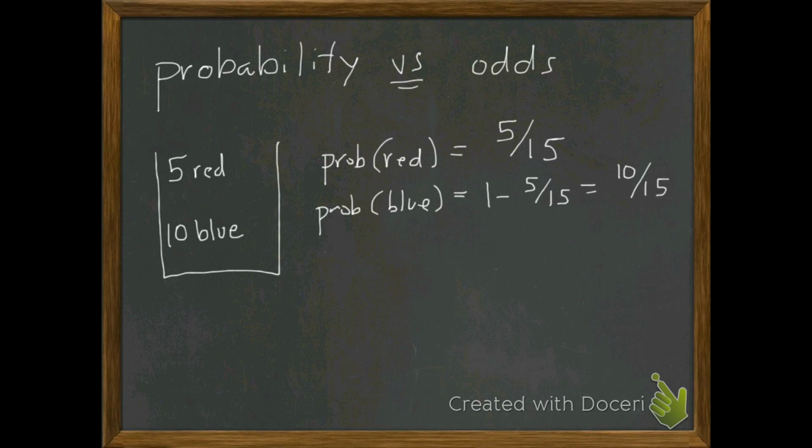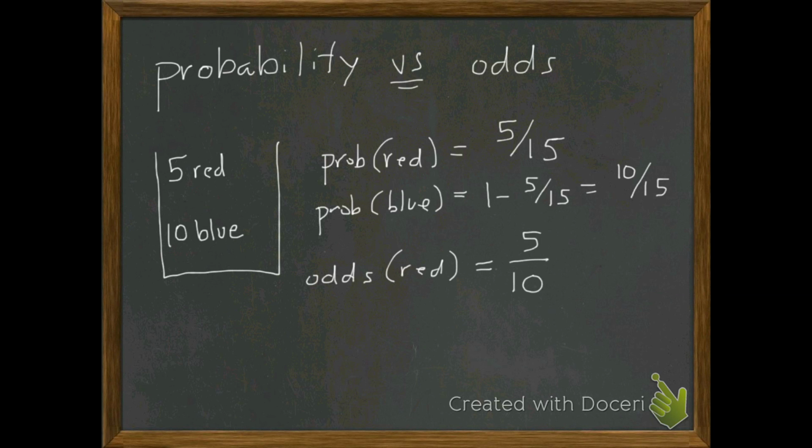Now compare that to the odds of selecting a red. And the odds can be thought of as the probability over 1 minus the probability. This can also be seen as just taking the number of successes divided by the number of failures. So in this case, guys, we can simplify this and not look in terms of probability, but just look in terms of there are 5 red.